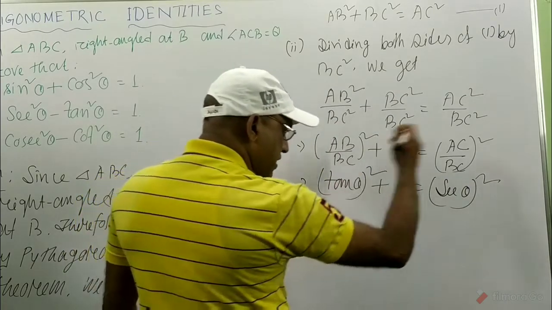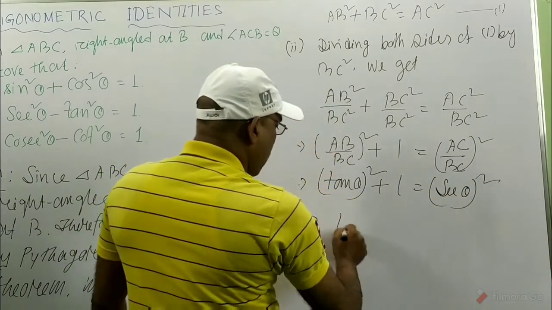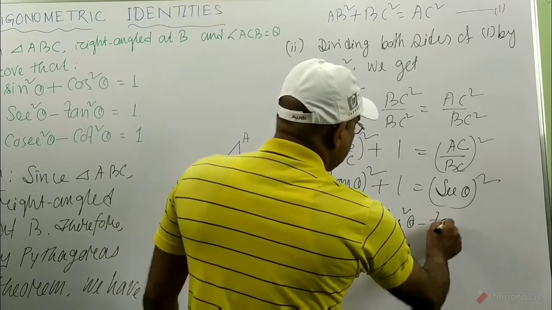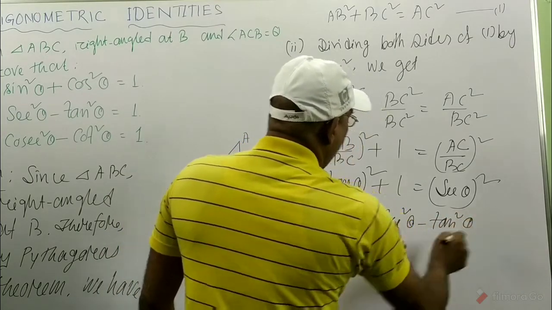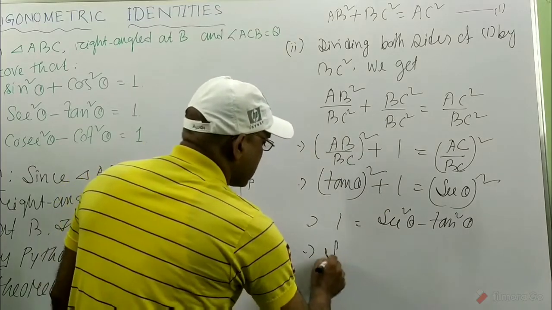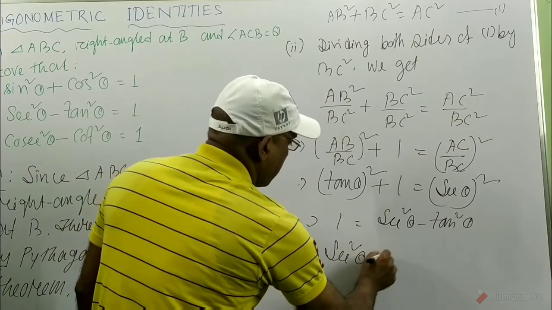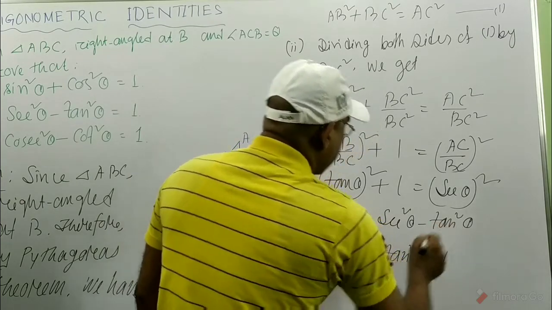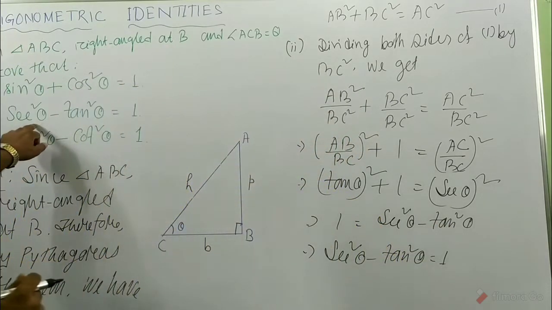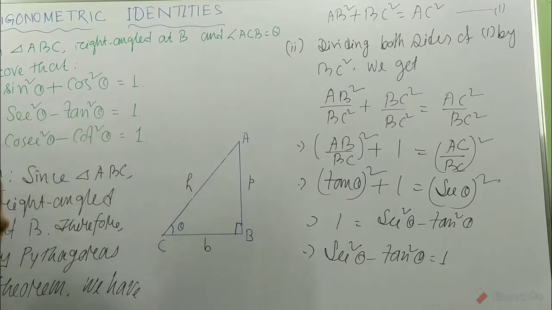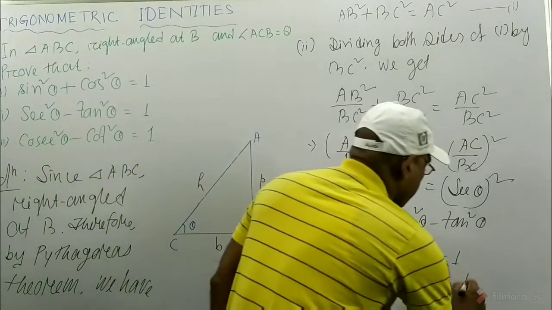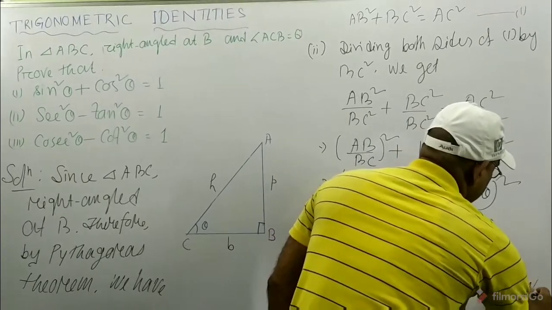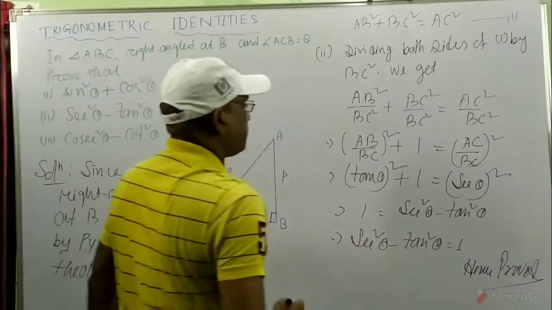Taking tan square on the right hand side, 1 equal to sec square theta minus tan square theta, or we can write sec square theta minus tan square theta equal to 1. So this is number 2. Hence proved.